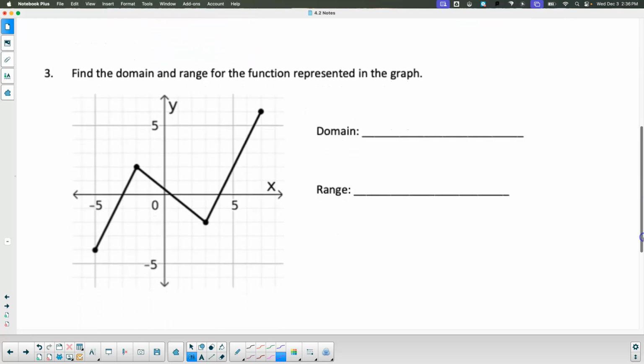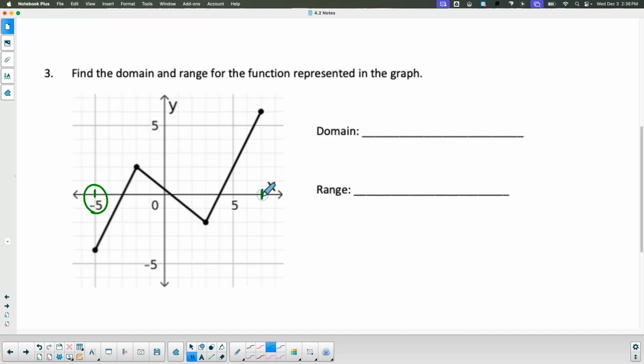Okay. Number 3, find the domain. Domain is which part of the graph? The x's, okay? So I need to find the farthest left x. Farthest left x would be over here at -5. Would you agree with that? Then I need to find the farthest right x.